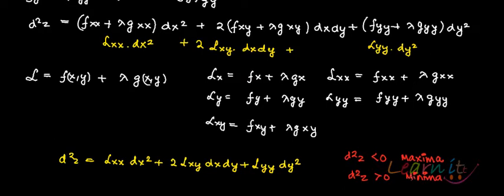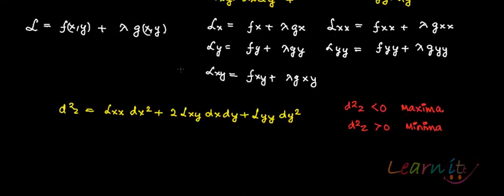Okay, now what you have to do is that you will have to get the determinant. You'll have to form the bordered Hessian, which you have already talked about in one of our earlier recordings. In case the sign of the determinant is positive, that will be the point of minima. In case the sign of the determinant is negative, then that will be the point of maxima.